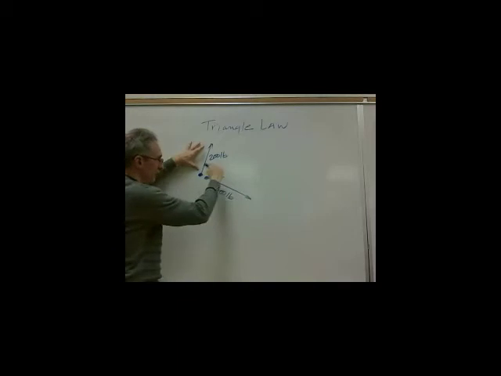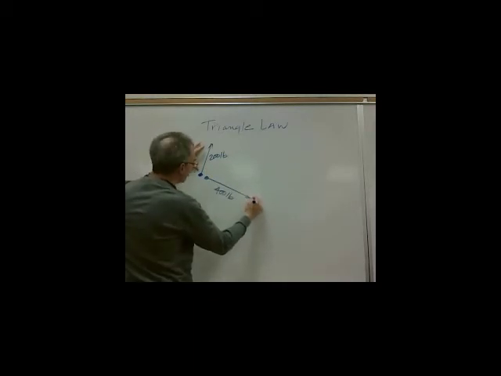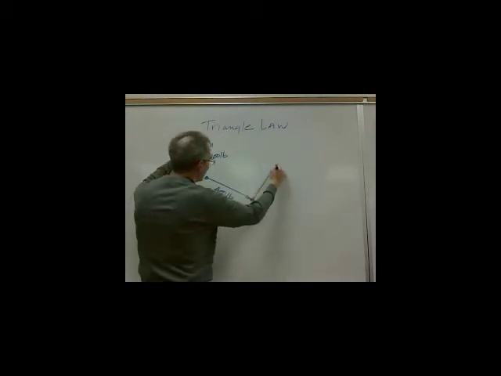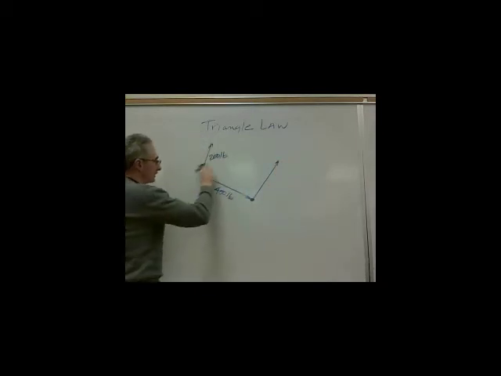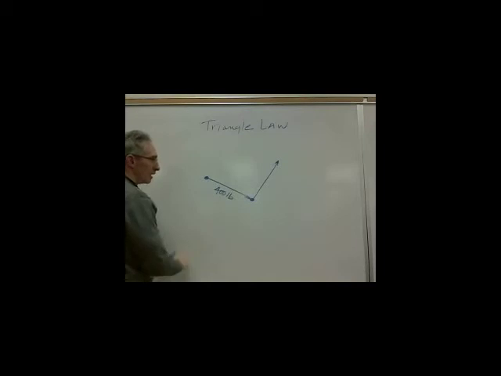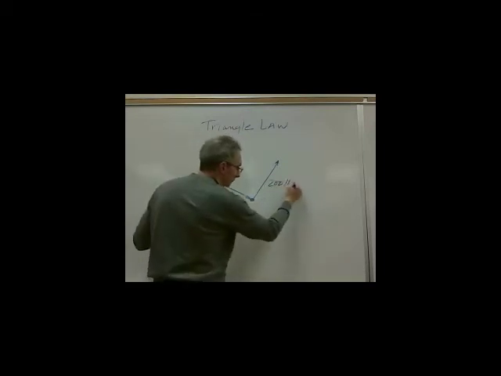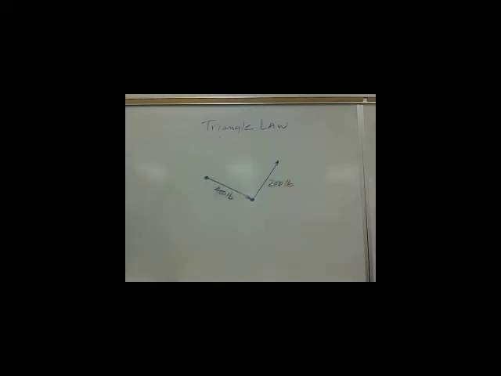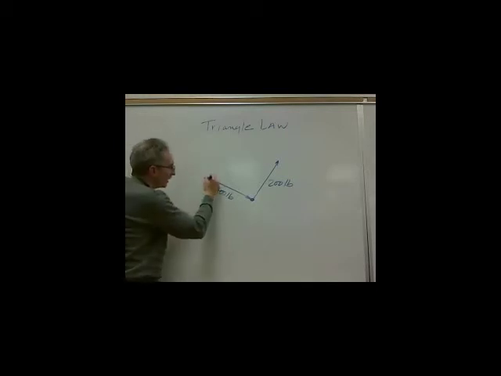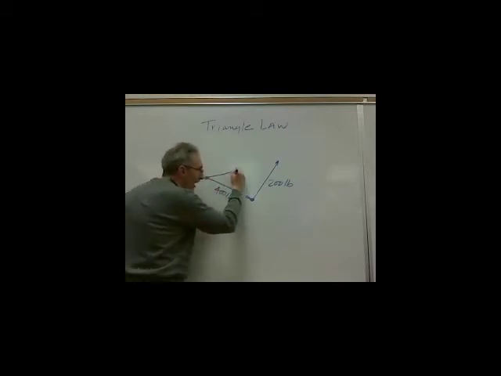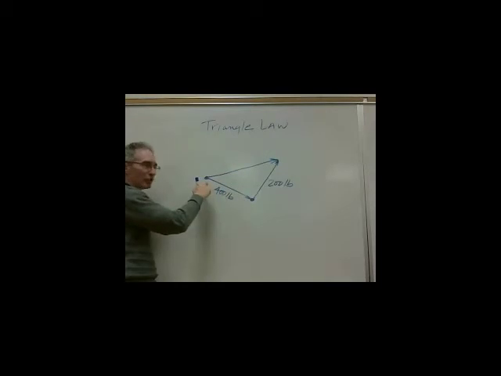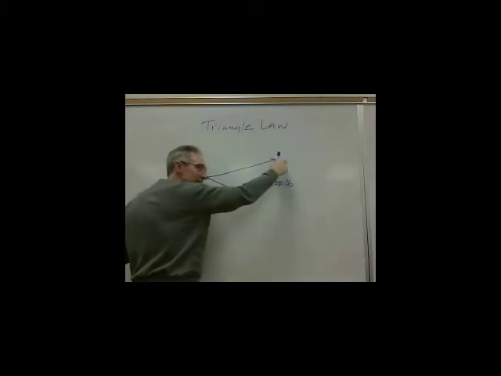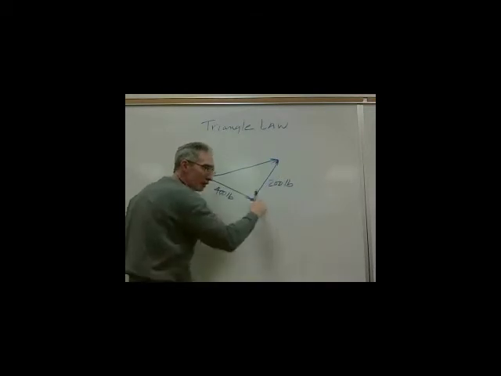So what I do is I take this 200-pound vector and I place it at the tip of the 400-pound vector, and then I draw a line or a vector from the beginning of my 400-pound, my first vector, to the tip of the last vector, the 200-pound vector.